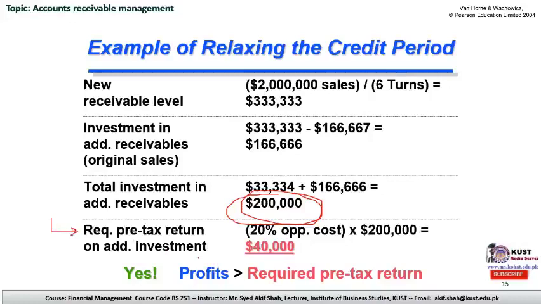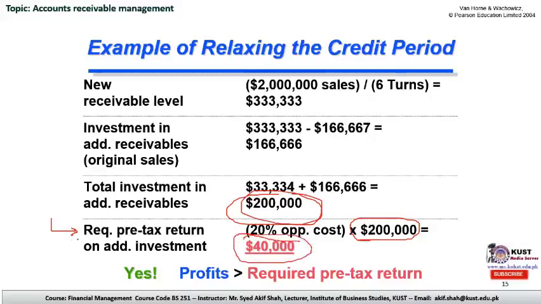In that case, you have to apply the opportunity cost percentage, which was given at the start of the question, on this total amount of investment in the additional receivable. So if we multiply the opportunity cost on the total additional account receivable, then the pre-tax required return on this investment is $40,000.